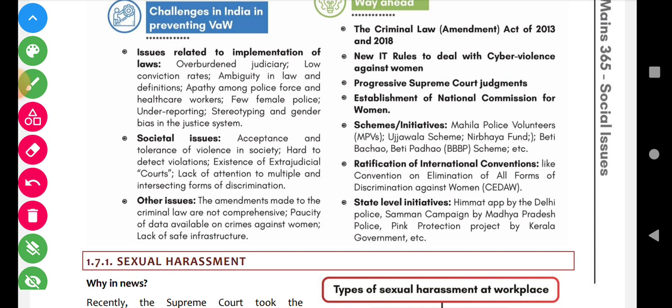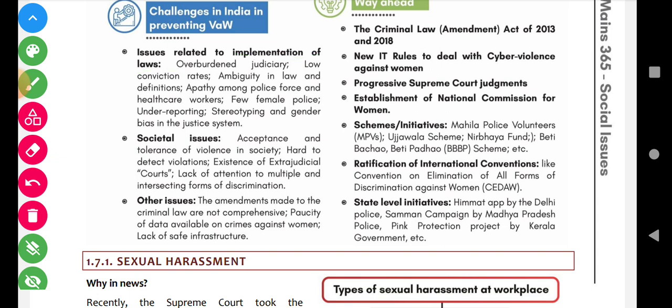Poor governance system in this regard, few female police, underreporting, stereotyping, and gender bias in the justice system. So these are issues related to implementation of laws.